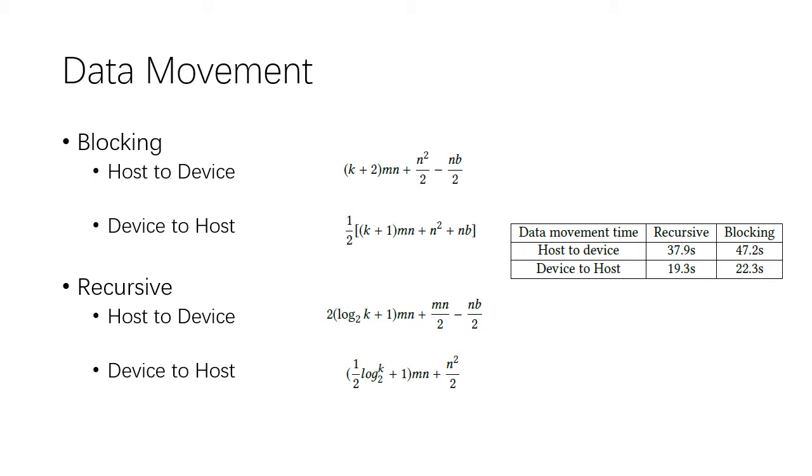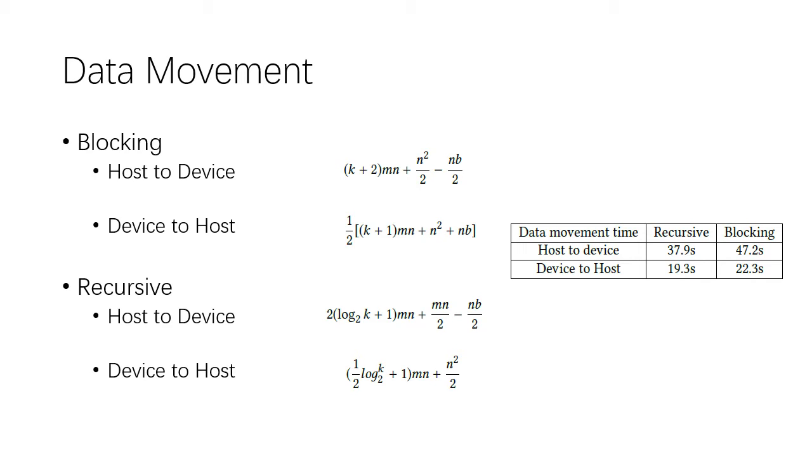B is the block size and K is the number of blocks, and it can be obtained from N divided by B. We can find that the amount of data movement in the blocking algorithm is linearly related to K, while the amount of data movement in the recursive algorithm is linearly related to log K. This means the larger the matrix is, the larger the gap between the blocking and the recursive algorithm.